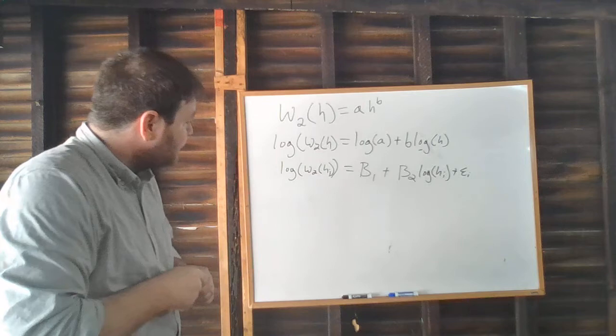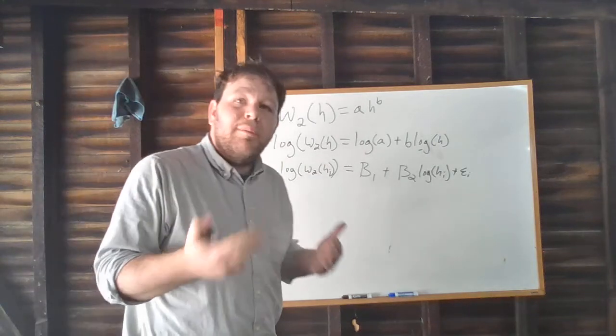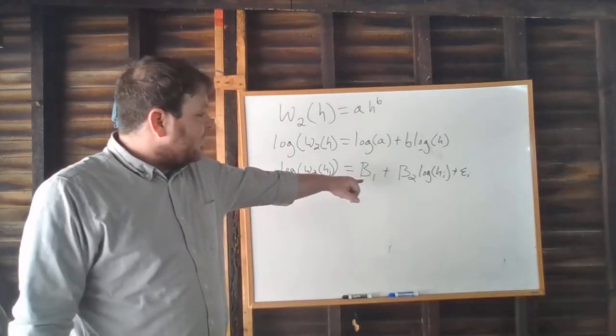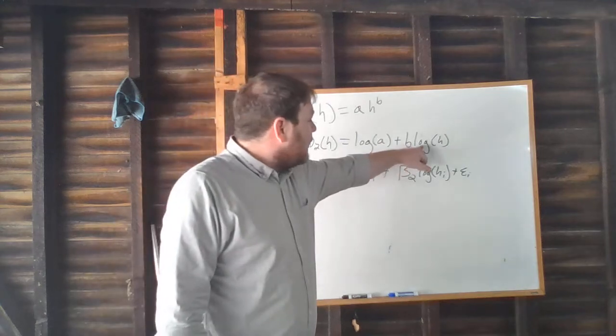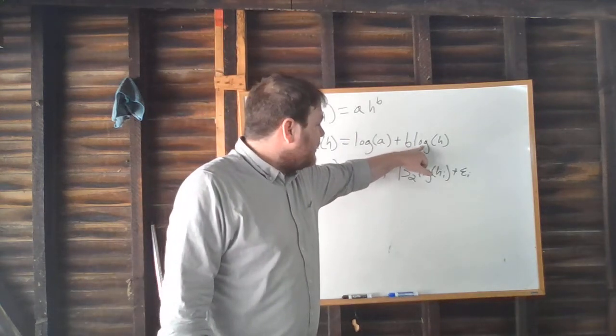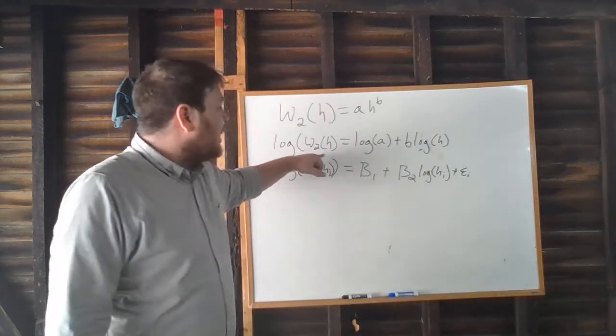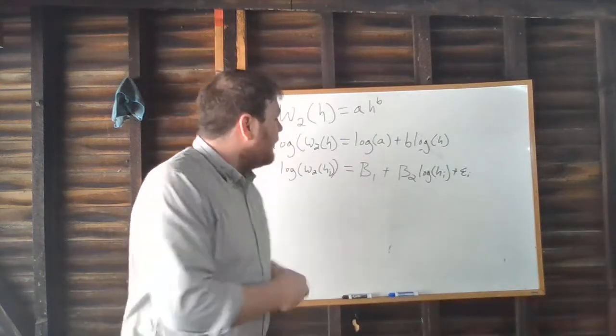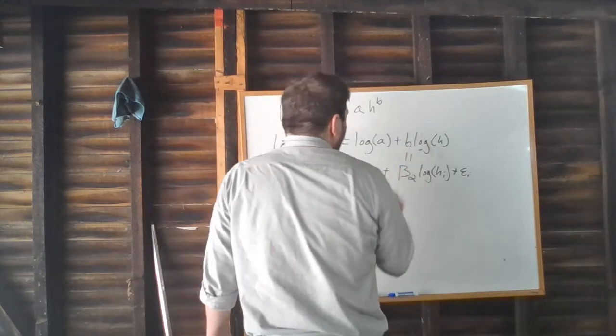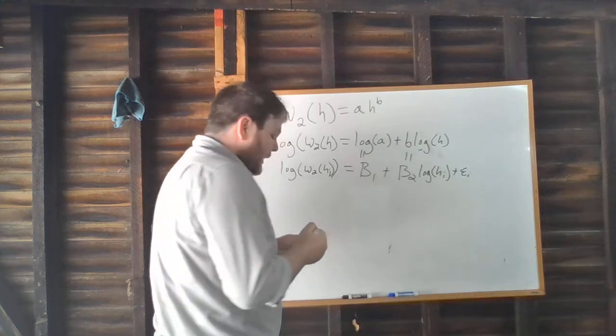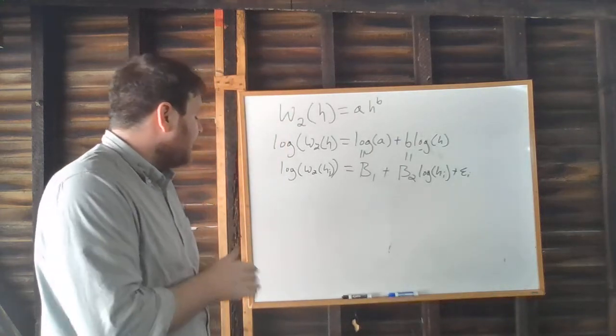So the goal would be, if we estimated this relationship, because the true effect of an extra year of education, or log education, on log earnings is given by B, that we would end up with beta 2 equal to B, and beta 1 equal to log of A.